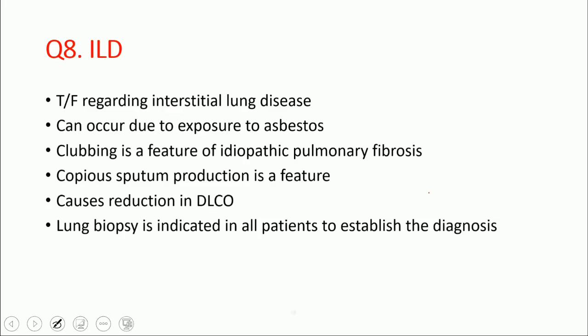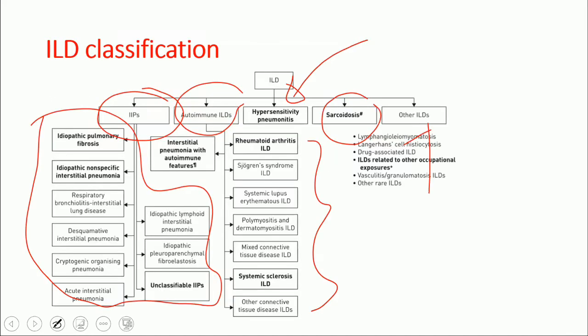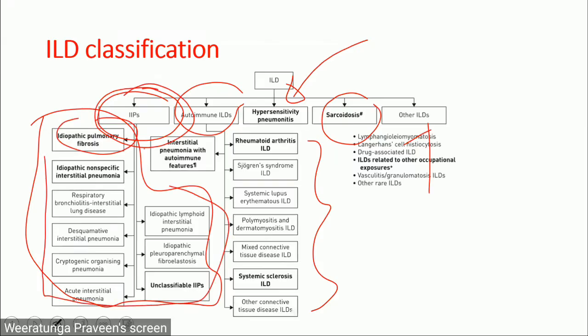Asbestos is one, silica is another. Idiopathic pulmonary fibrosis is a type of ILD included under the idiopathic group. There are others also, as you can see.